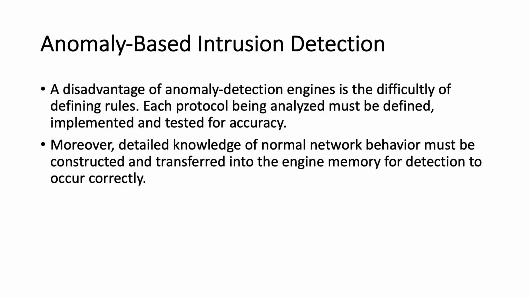A disadvantage of the anomaly detection engine is the difficulty of defining the rules. You must define the rules and then compare the packets against those rules. For a real enterprise network, you must have a set of rules. So the IDS would be a detection engine and a database of the rules.